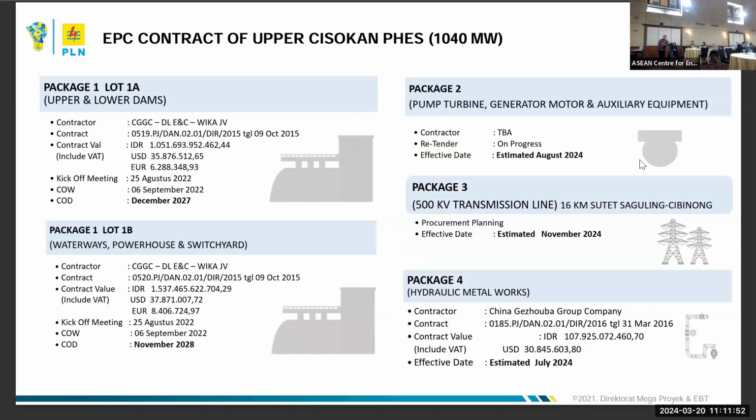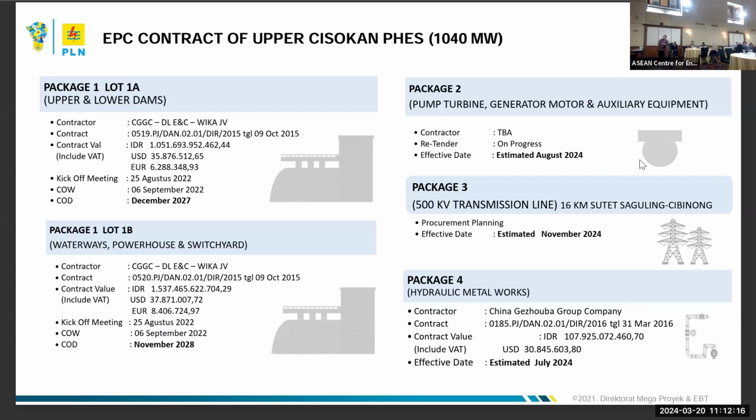As I already mentioned, there are 4 packages. Package 1, lots A and B, is already ongoing in construction. For package 2, we estimate the procurement will be done in August. We hope the winner can be chosen this August.